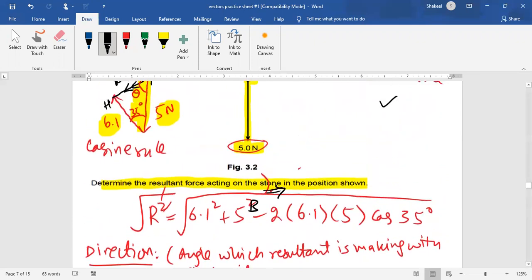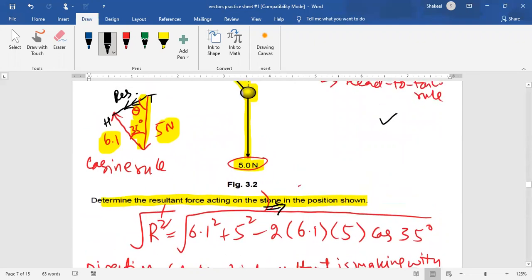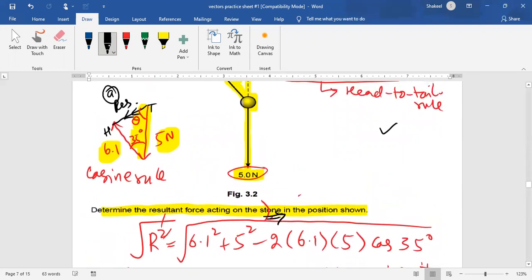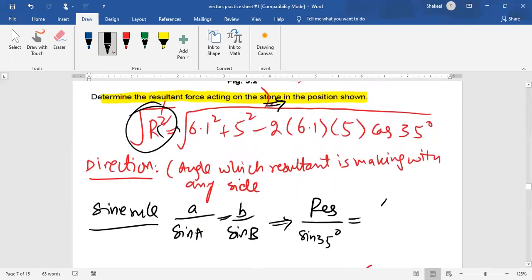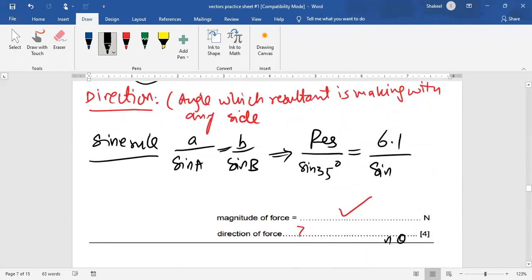So over here, we know 35, so it means the resultant is over the A side, let's say this is A. And let's say 6.1 is B and this is C. So I'll be writing the resultant value that is coming from the above calculation, divided by sin 35, equals B, which is 6.1 over the angle, because this is the angle that you have to find.